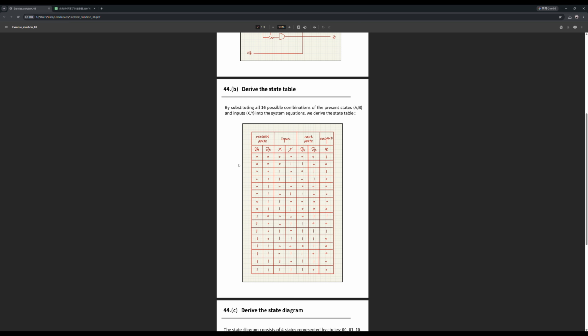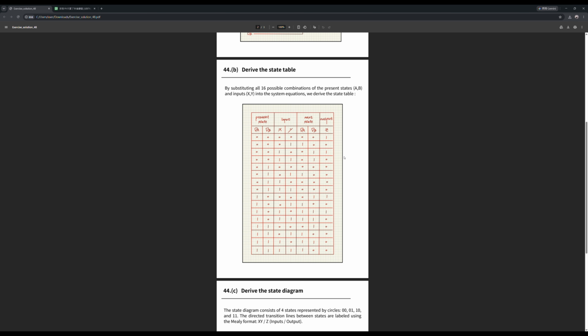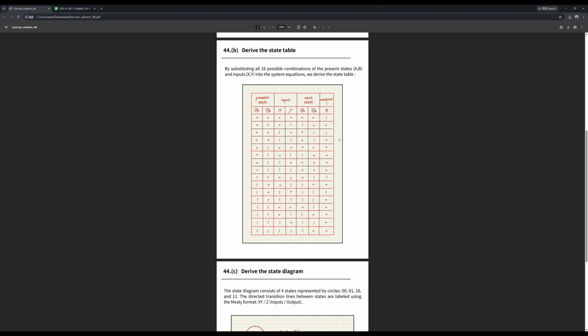For example, A equals 0, B equals 0, X equals 0, Y equals 0, then dA equals 0, dB equals 0, and Z equals 1. Therefore, the next state remains 0, 0, and the output is 1. By repeating this process for all 16 combinations, we obtain the complete state table shown in the slide.